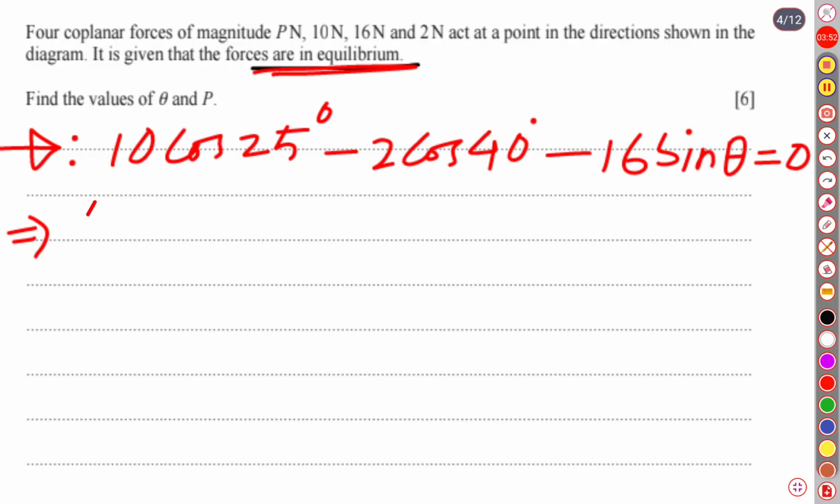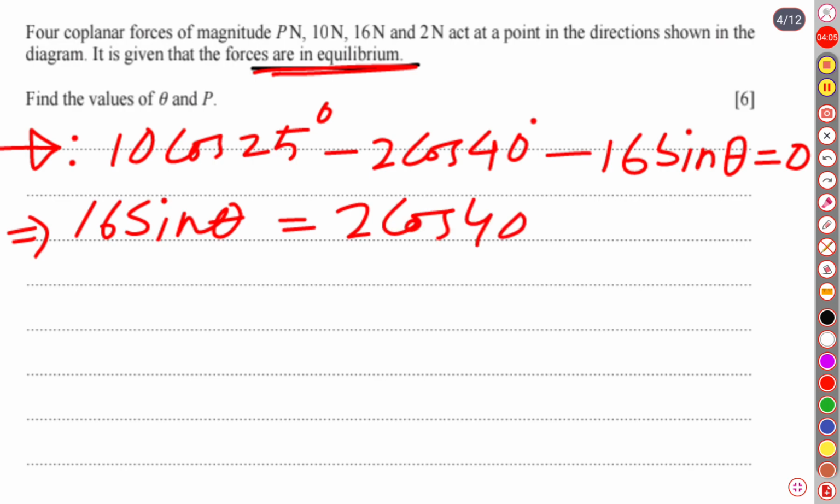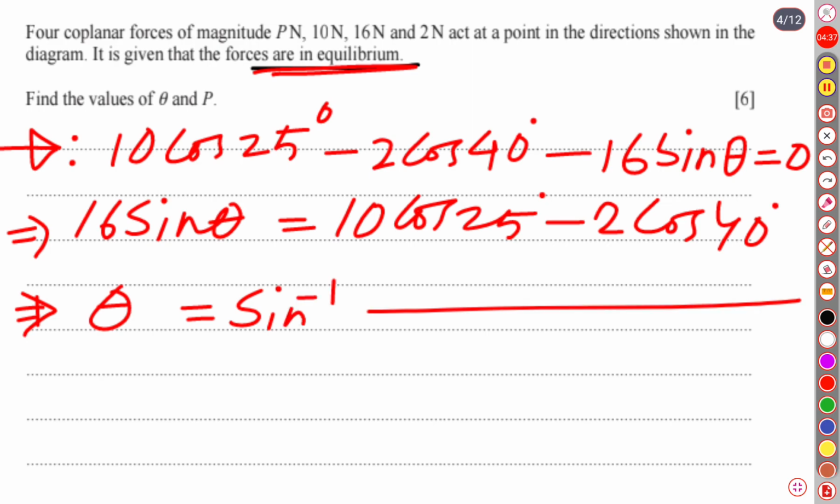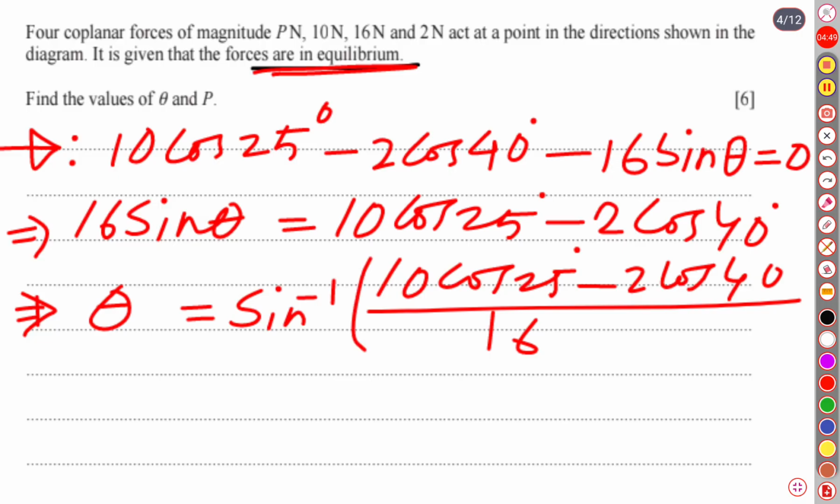So 16 sine theta equals 10 cos 25 degrees minus 2 cos 40 degrees. Or theta is equal to sine inverse of, if we transpose sine to the other side, sine inverse of 10 cos 25 degrees minus 2 cos 40 degrees, over 16 from the left side. So this is the value of theta.